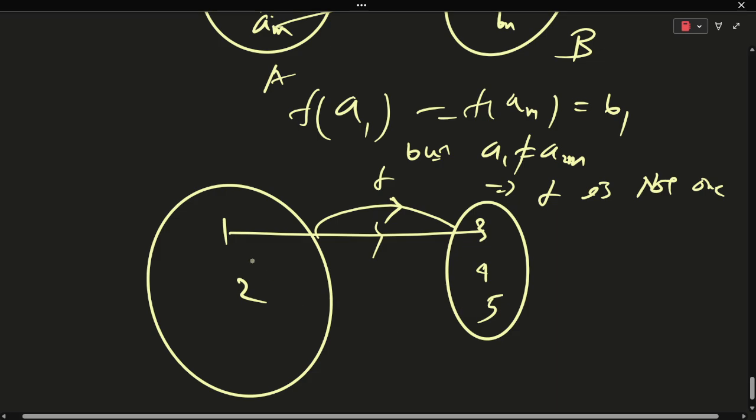But this other one is not one-one; actually, it is not even a function.